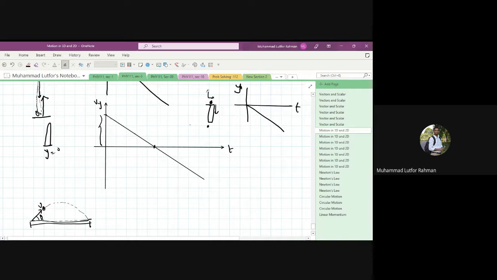All right, let's talk about two-dimensional motion, which is basically the projectile motion. Then I will do one or two problems for this if I get the time.